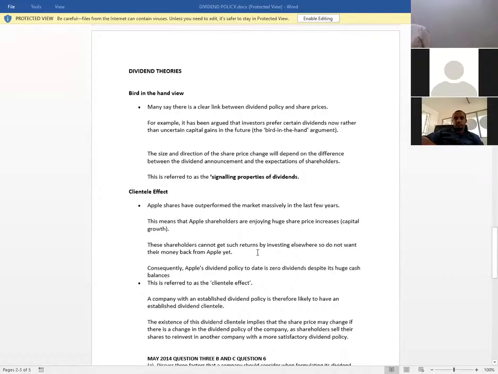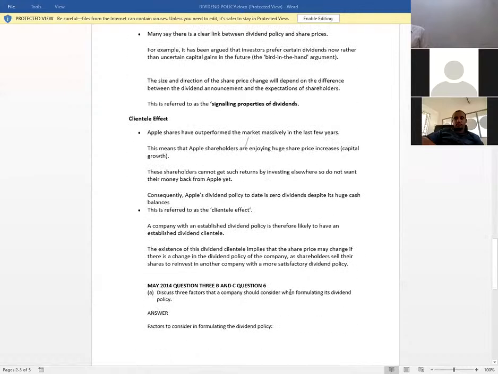They would want Apple to retain their money. Consequently, Apple dividend policy to date is zero dividends despite its huge cash balances. So this is referred to as the clientele. They're those shareholders who've gotten stuck with Apple because of what? That policy. A company with an established dividend policy is therefore likely to have an established dividend clientele.